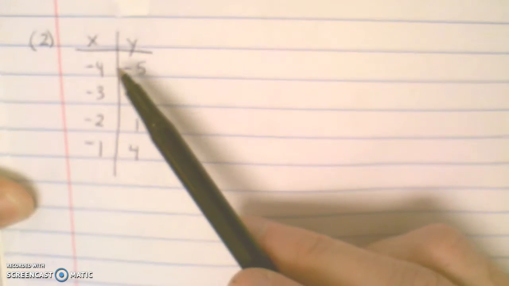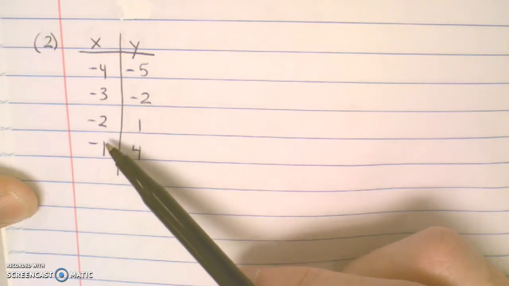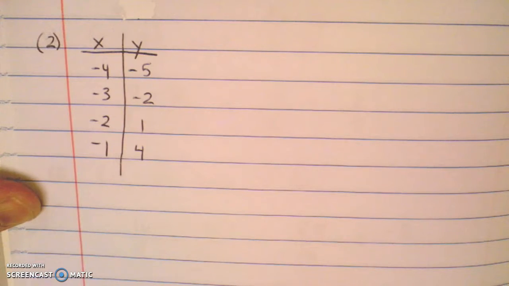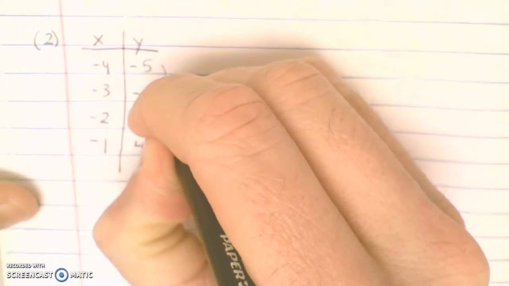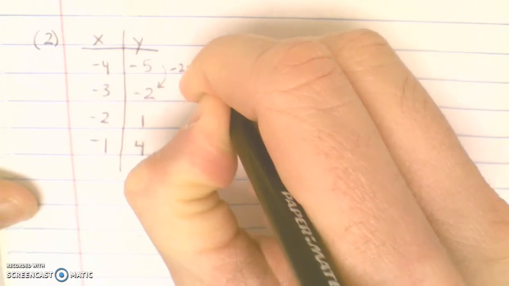We've got -5, -2, 1, 4, -4, -3, -2, -1. Those are my x values and those are my y values. So we're going to do the same thing. We're going to look at the change. Remember, you just take the lower number minus the higher number to figure out the change.